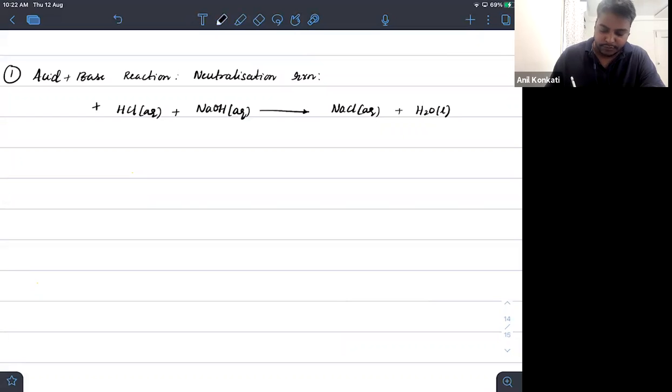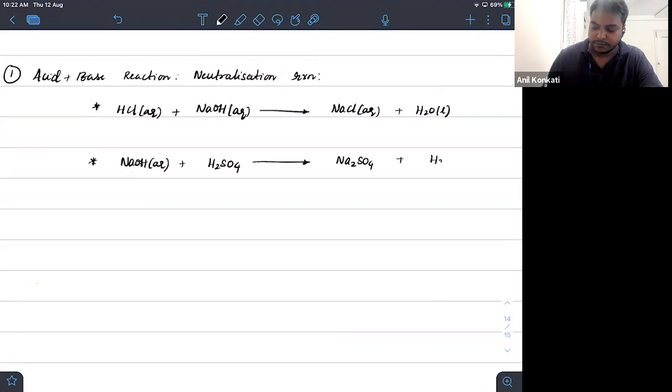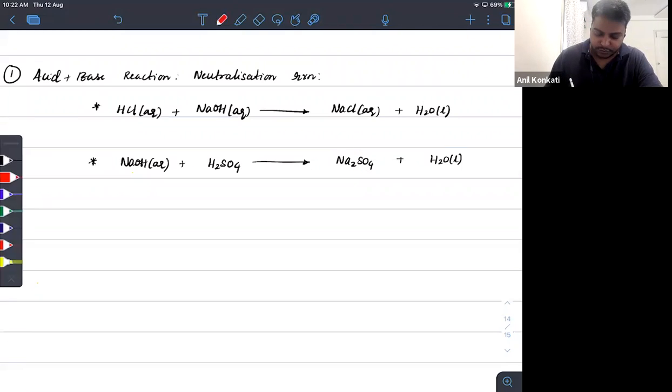But if I give you one more case, where I have NaOH, a base, treated with H2SO4, an acid, forming a salt like Na2SO4 plus H2O liquid. Now, how do we balance it? So straight away, start with the salt, students. In the salt, you can see that there are two sodiums here. So we should have two sodiums on the left hand side also.